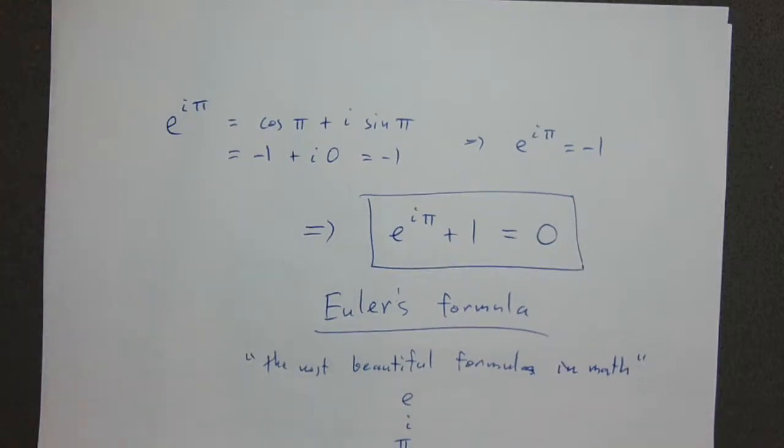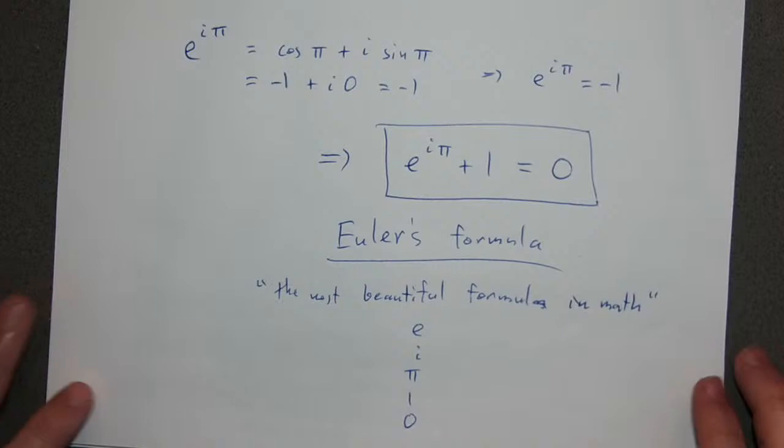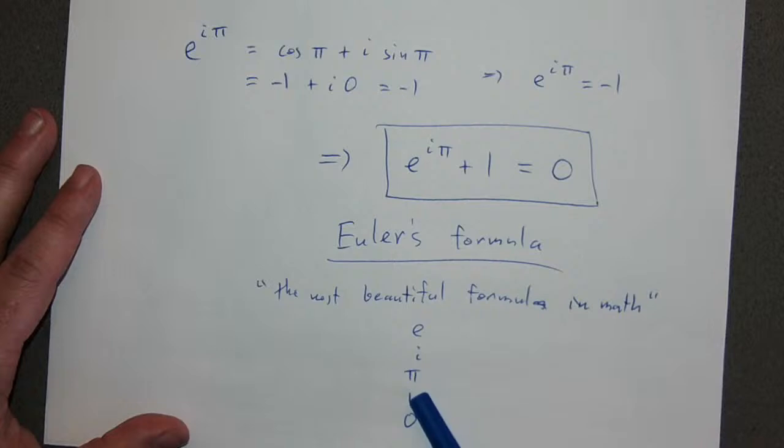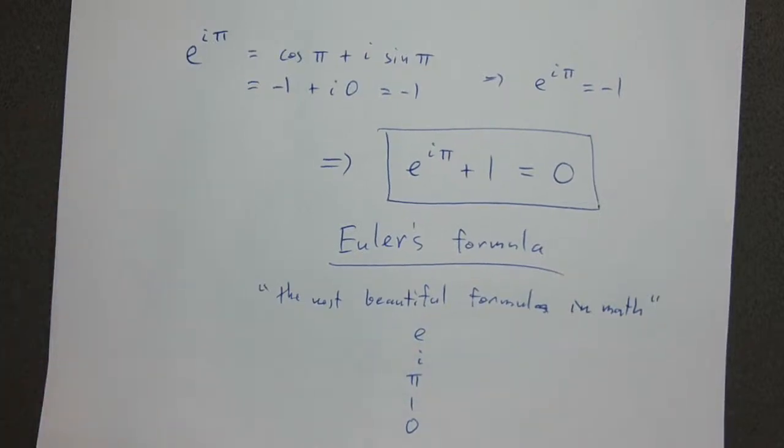These are 5 fundamental constants that obviously are very important in math. You have additive identity, multiplicative identity, pi, e, and the imaginary unit. So this is important stuff. This is a very famous formula, and you'll encounter this a lot in any kind of discussion on beauty in math and science.